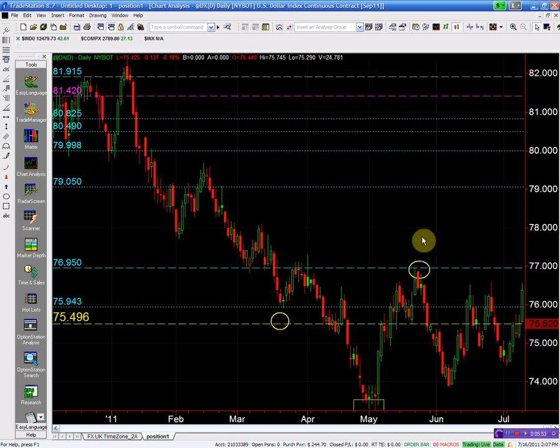This is how strong the 76.95 is, and therefore we should expect that if it goes above the 76.95, the US dollar will explode to the upside.